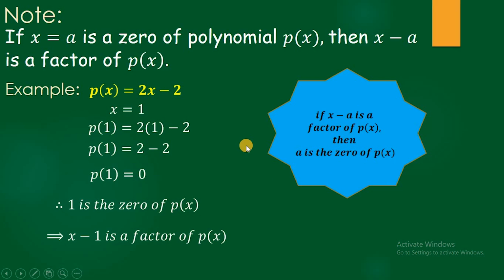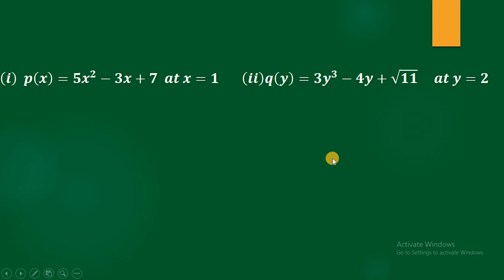This part will be discussed in detail later in the chapter. But till here, it's very important to note that if x equal to a is a zero of a polynomial, then x minus a is a factor. And similarly, if x minus a is a factor of p of x, then a is the zero of p of x. Okay, let's take a few examples.